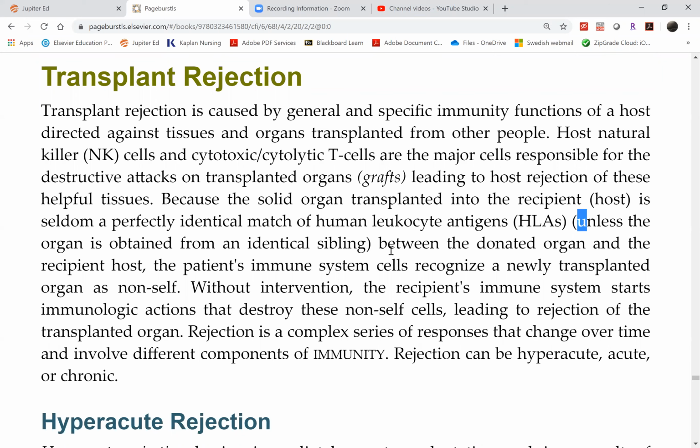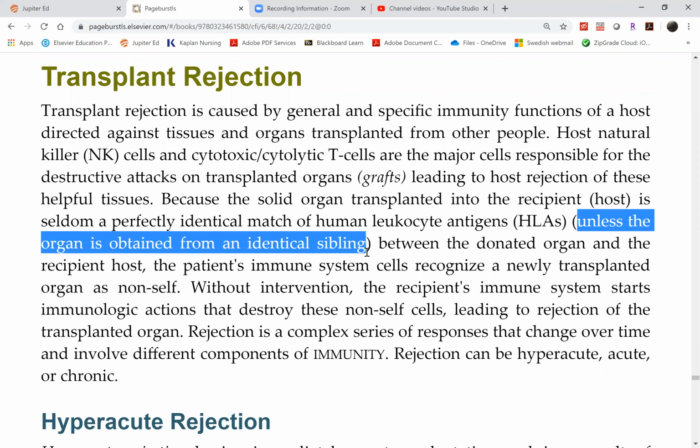Okay, so unless you have an identical sibling, there's no one really that's an exact match. So I mean, there's no perfect match. So during the search of a donor, we will have to settle with a close enough match. All right. And then, because it's not an exact match, will it be recognized by the immune system as self or non-self?